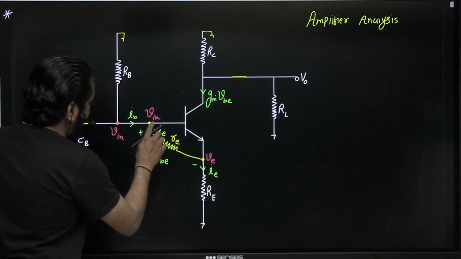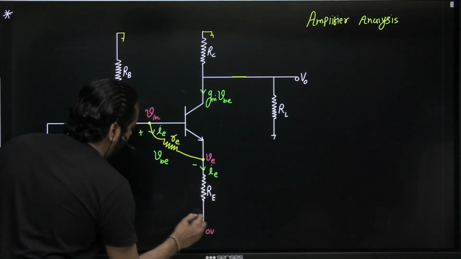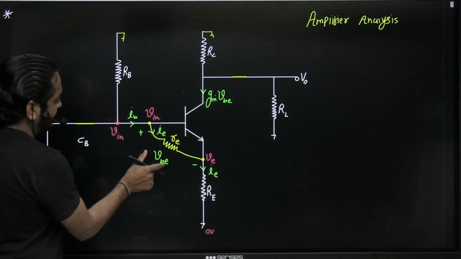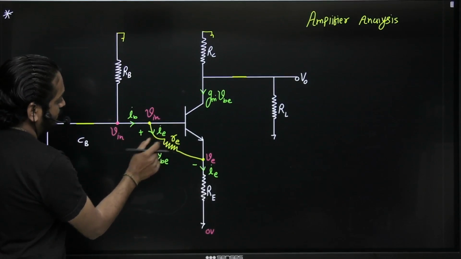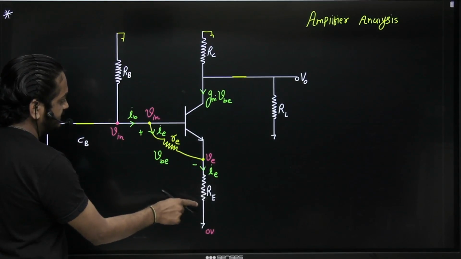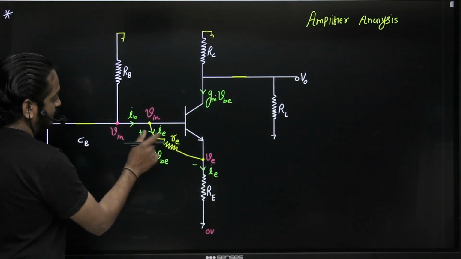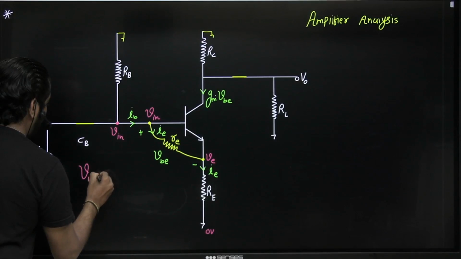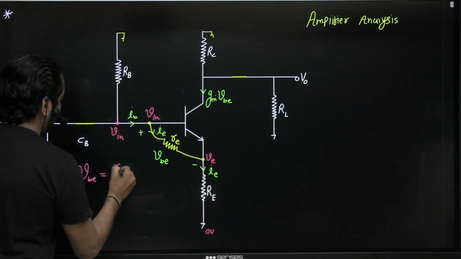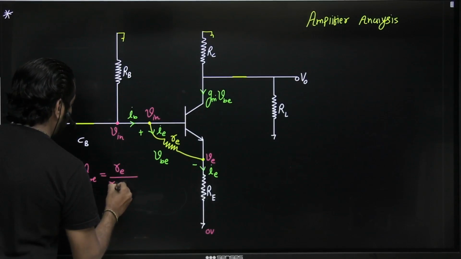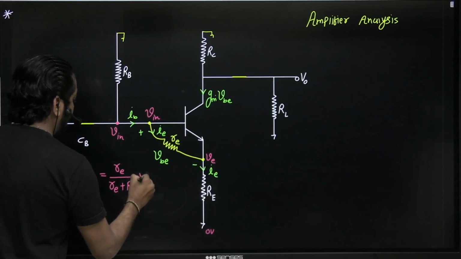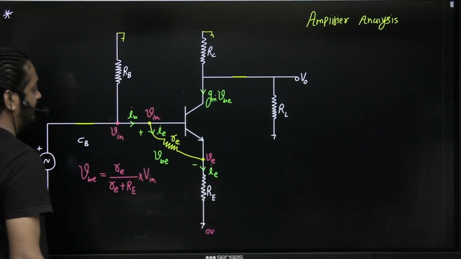Here the input voltage is Vin, and this is 0 volt. Both resistors are connected in series, and VBE is nothing but the potential drop across small re. We want to find the voltage across this resistor, so simply we can use a voltage divider. Using the voltage divider, VBE is equal to re upon re plus RE into Vin. That's it. Directly you can do.